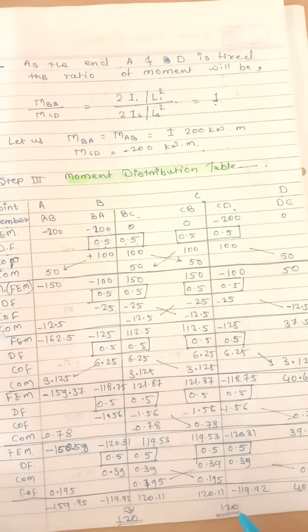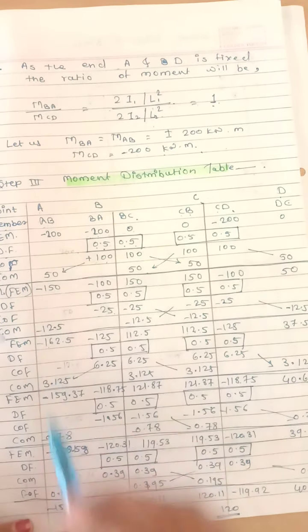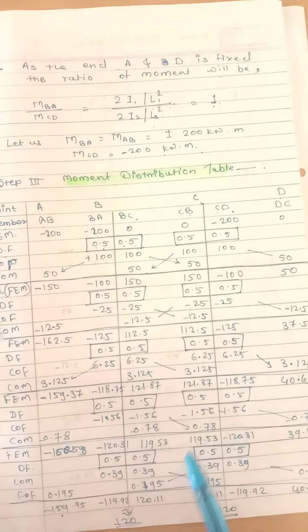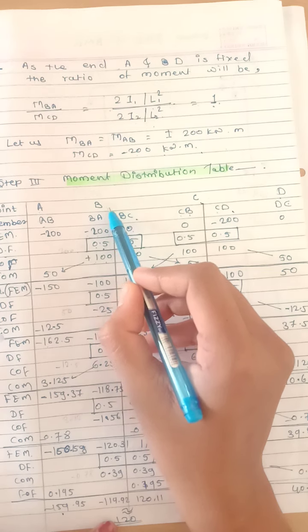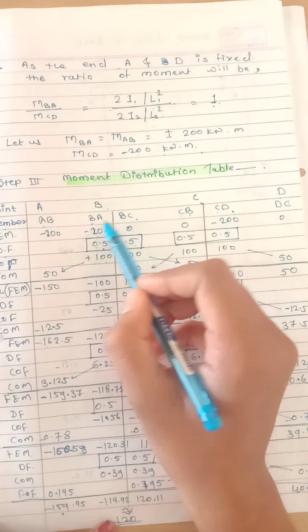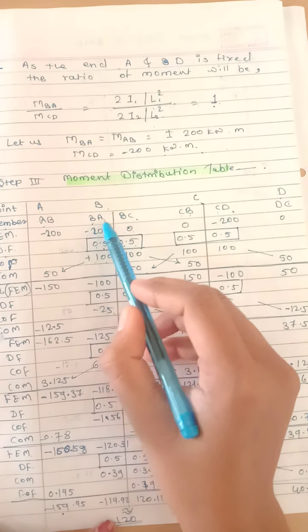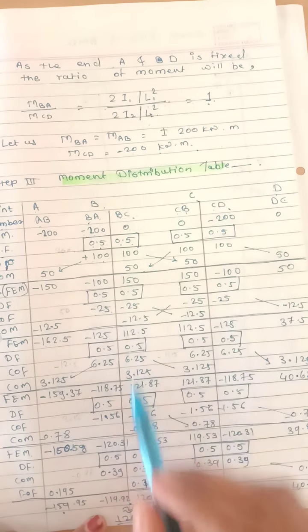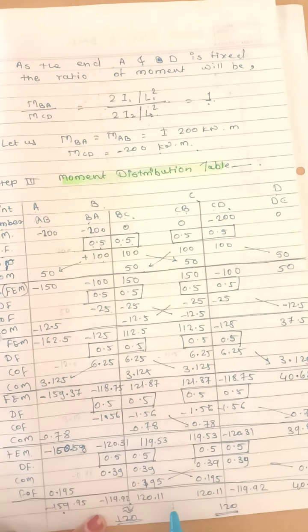At the last, you can see the end moment at member AB is minus 159.95. Then at intermediate joint B, two members act, BA and BC. The end moment at member BA is minus 119.92 and at member BC is 120.11.